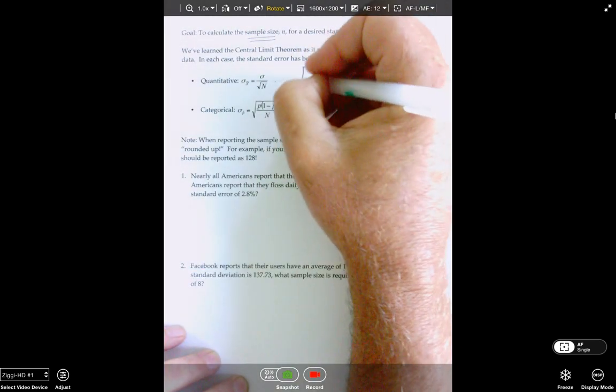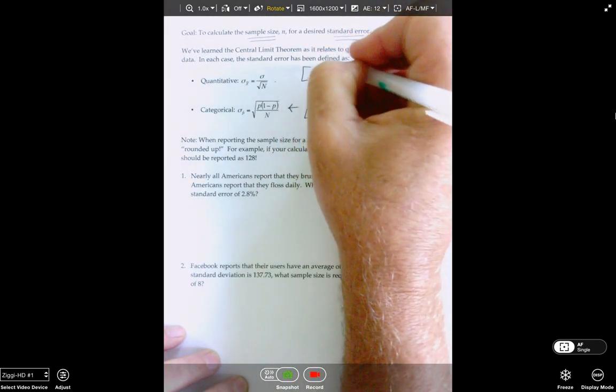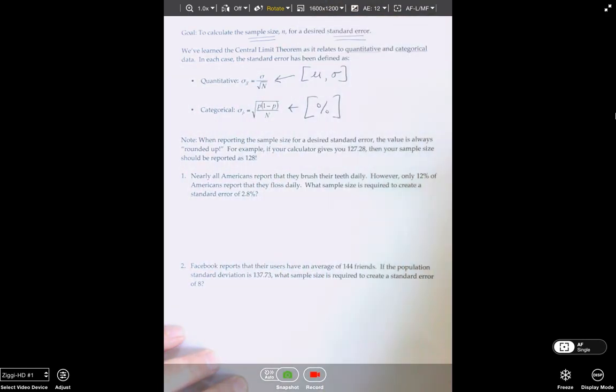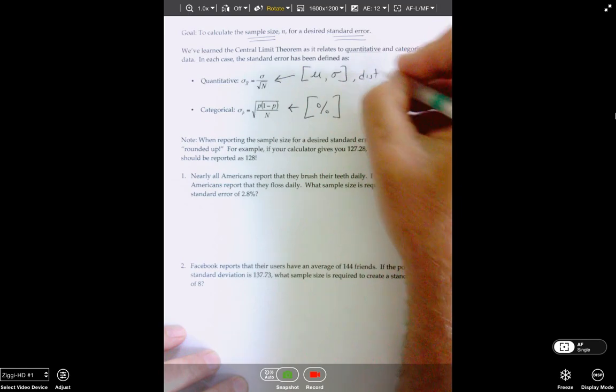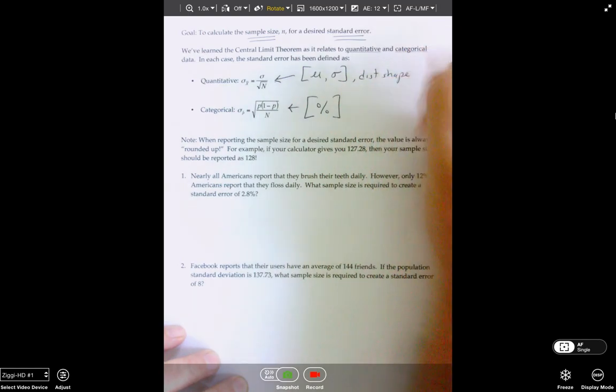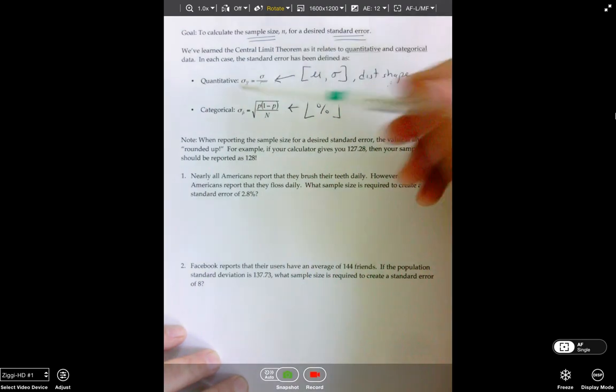When you have a mean and a standard deviation given and a distribution shape, you know, normal distribution, positively skewed distribution, negatively skewed distribution, you can rest assured you've got a quantitative variable.